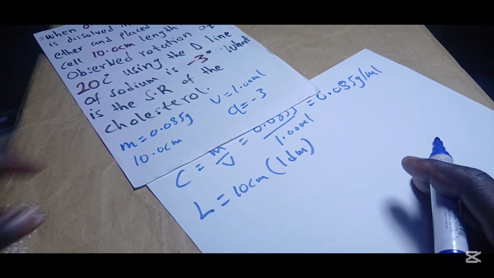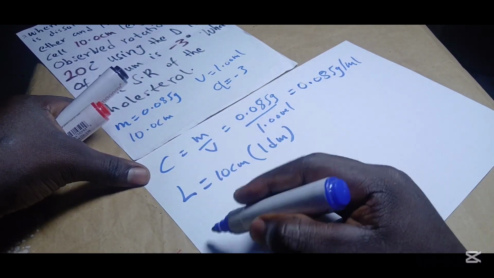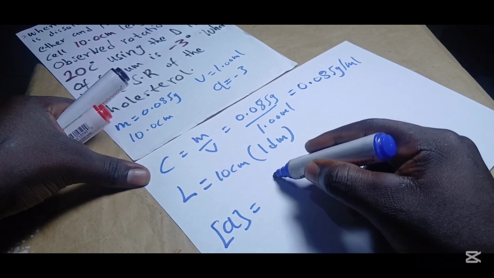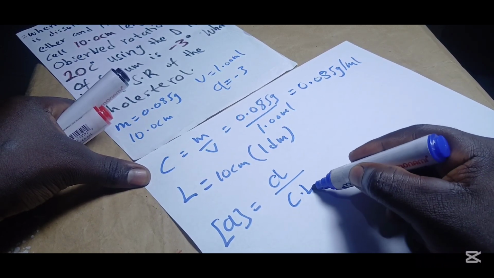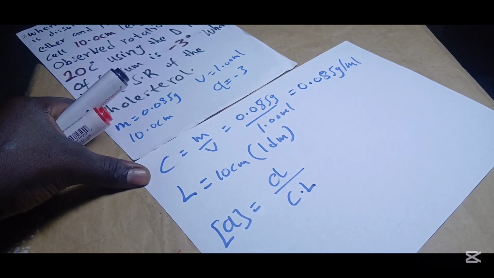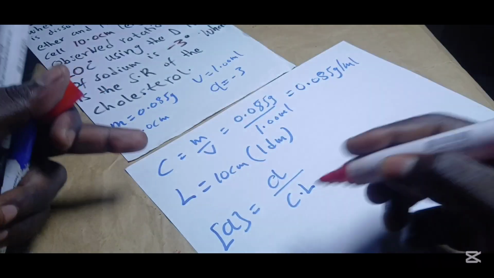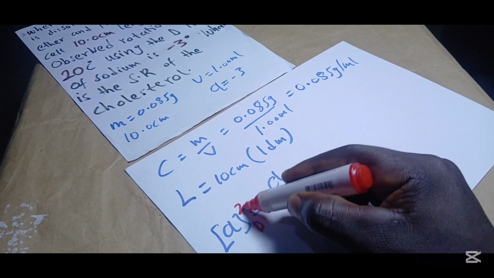So now we can go ahead and calculate our specific rotation. Specific rotation equals observed rotation over concentration multiplied by path length. We are using the D line, so you can indicate it here, and the temperature is 20 degrees Celsius.